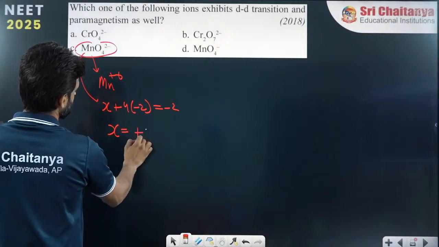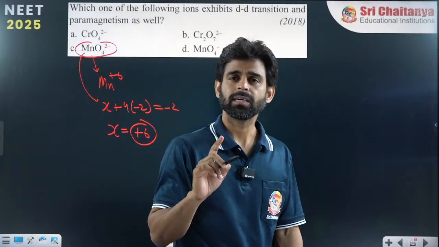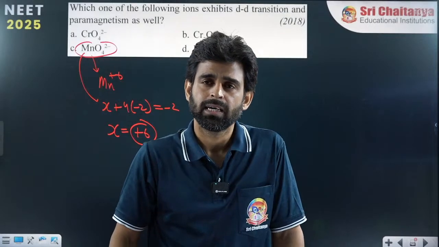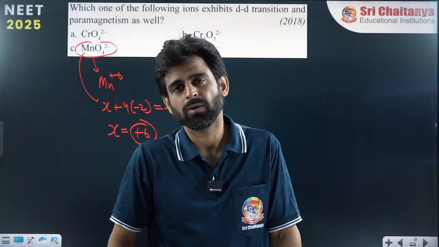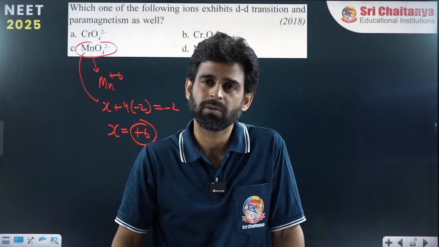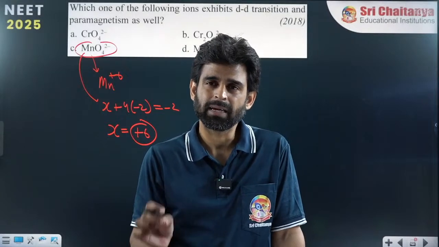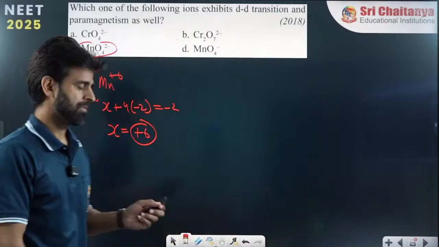So X is coming plus 6. So there is one d electron, in which the electron can jump from lower orbital to upper orbital, like t2g to eg type of transition. So d-d transition is possible in the manganate ion. Chromate, dichromate, permanganate, all of these 3 ions show color because of charge transfer, but here it shows by d-d transition. Important question.